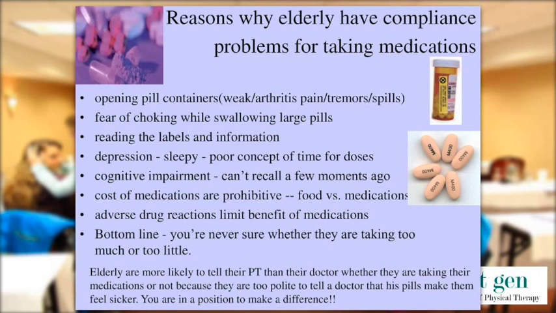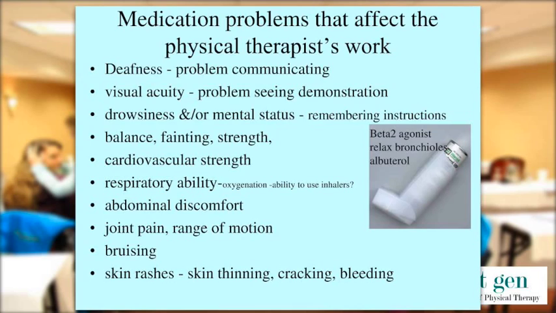That can affect the level in their bloodstream, how likely they are to get interactions, and how quickly their body can remove it from systemic circulation. Those are important things for us to be aware of as physical therapists treating this population.